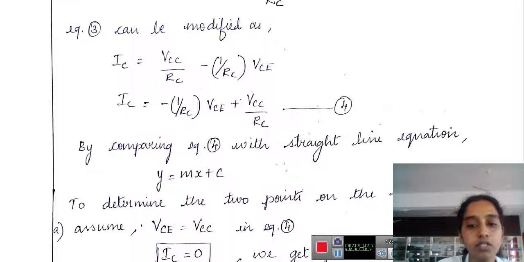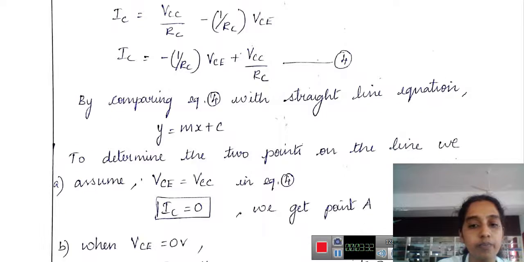Considering two points on the line, from equation number 4, assume that VCE equal to VCC. The first term will become minus VCC by RC, and the second term will be plus VCC by RC. So both will get cancelled, and the value of my collector current will be 0.